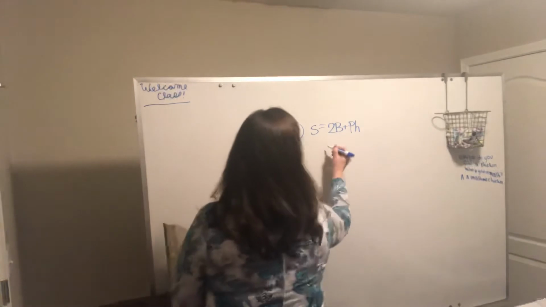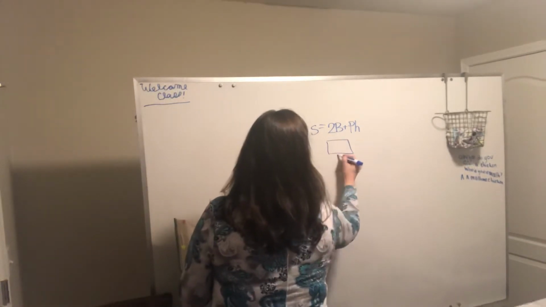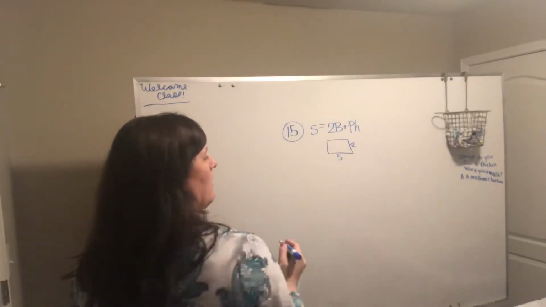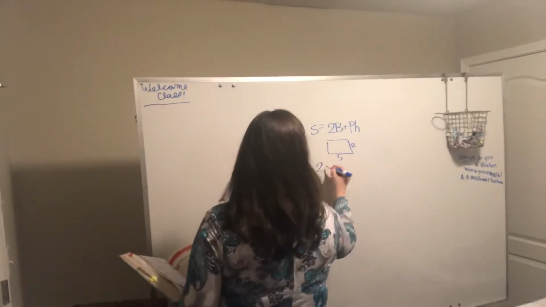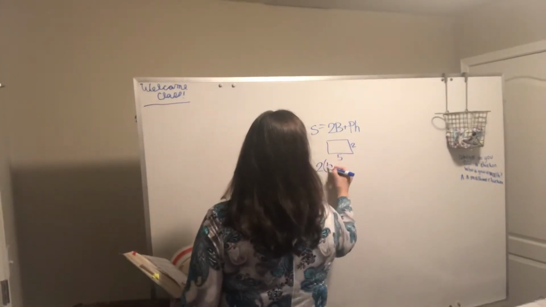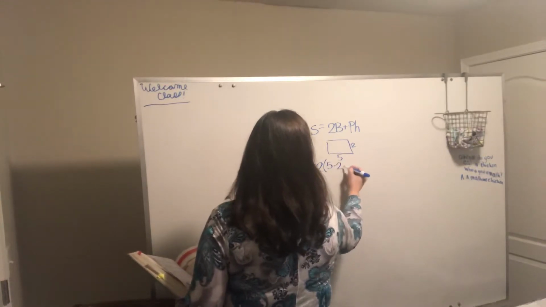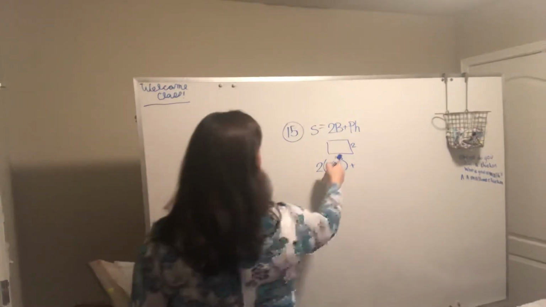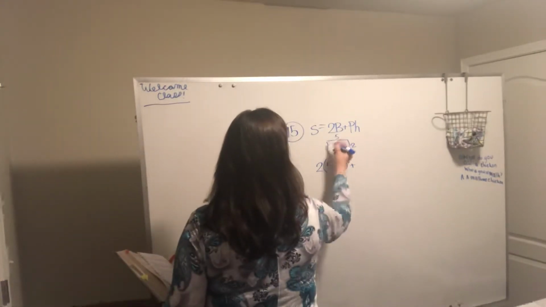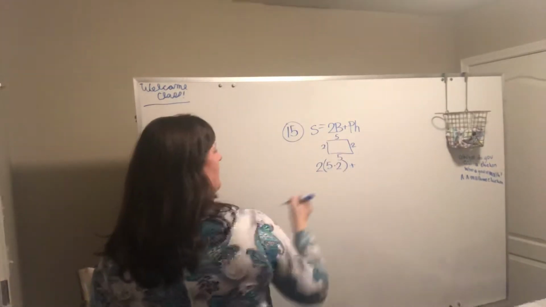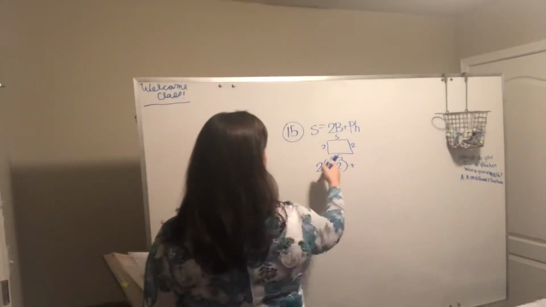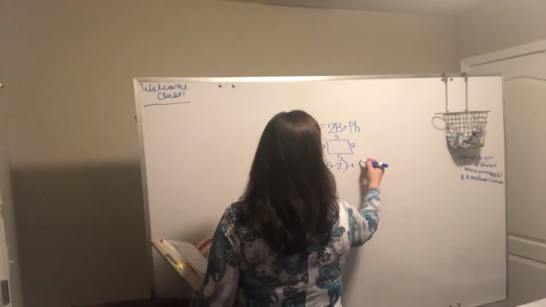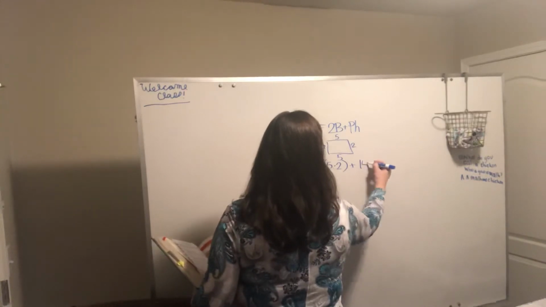Okay, so if I'm thinking about it, my amazing drawing skills, right? I've got 5 and 2. So we know that the area of a base is length times width. Okay, so that'll be that, plus the perimeter. 5, that's 5. And then if this side is 2, that side is 2, the perimeter, I'm going to add that up. 5 and 5 is 10, plus 4 is 14.